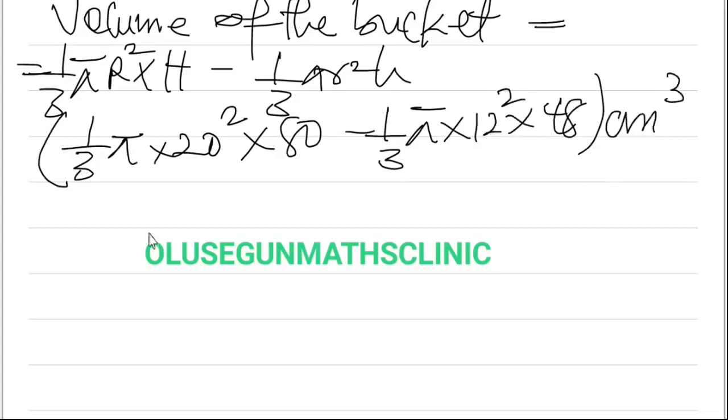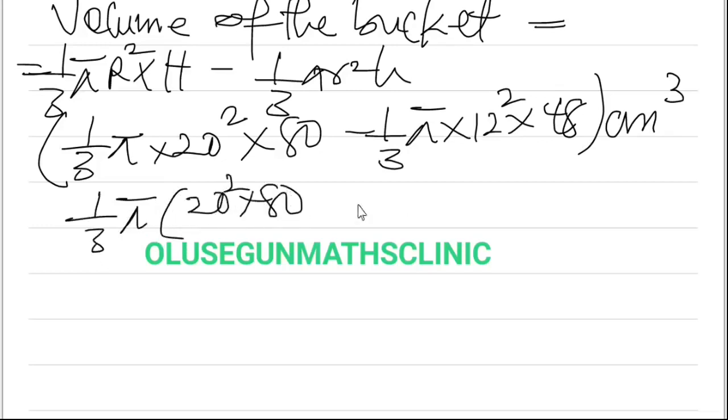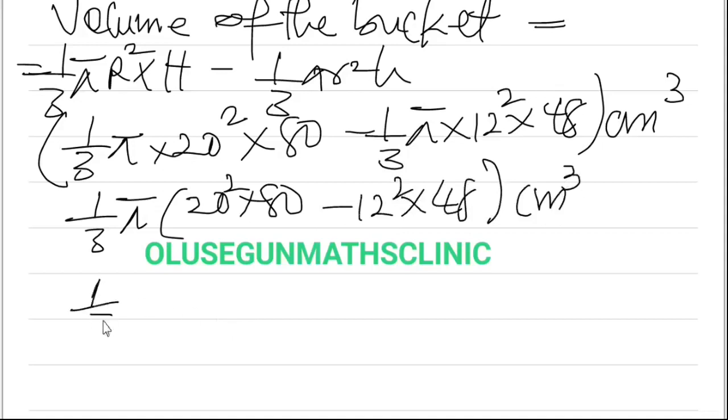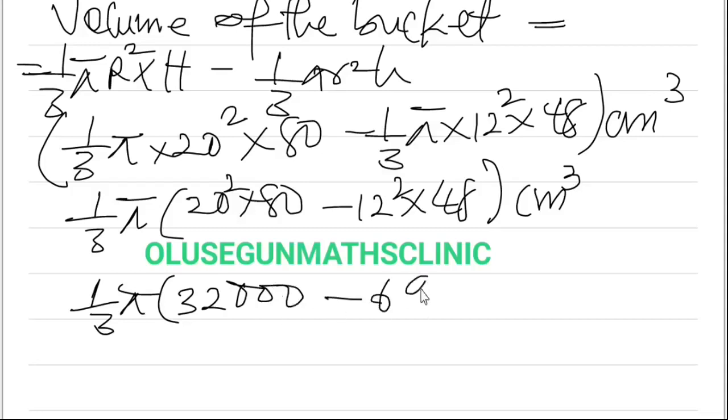Just press the calculator, or let's do some mathematical simplification: 1 over 3 pi times 32,000 minus 6,912.